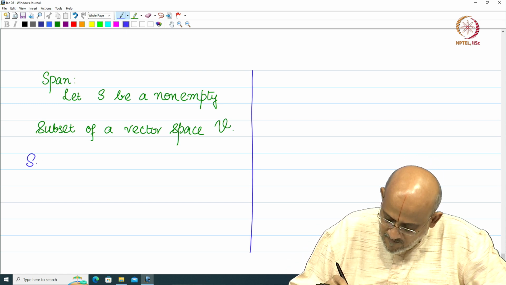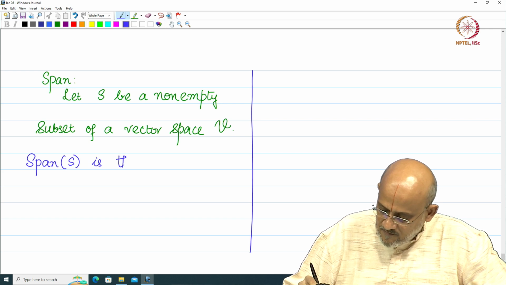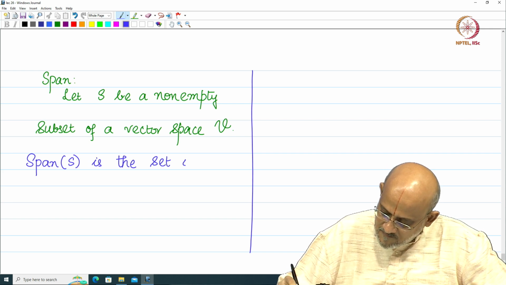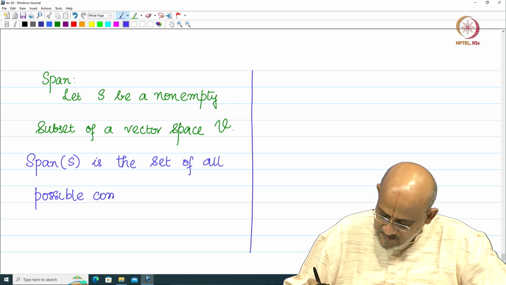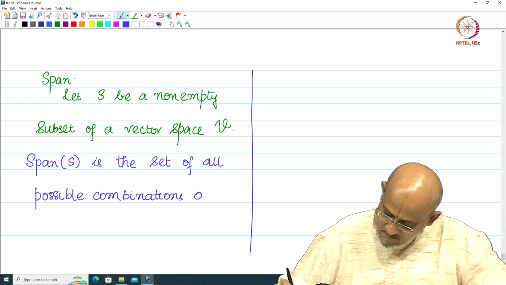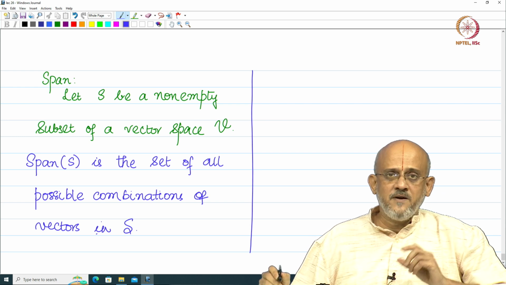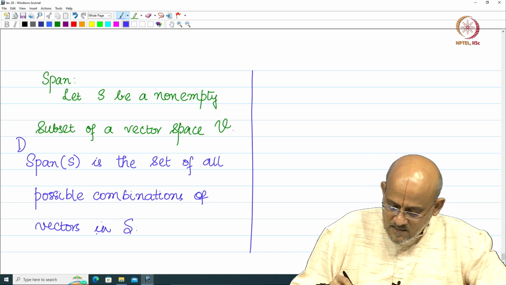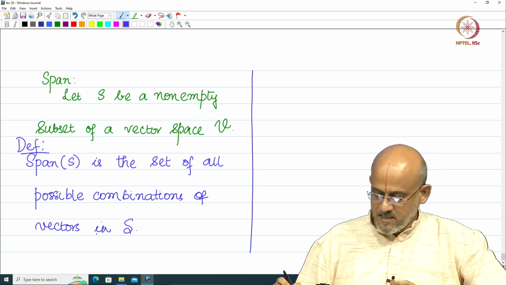The span of S is the set of all possible linear combinations of vectors in S. Let us put this as a definition: span is nothing but the set of all possible linear combinations of the vectors in S.